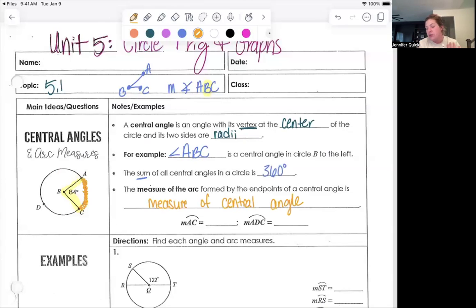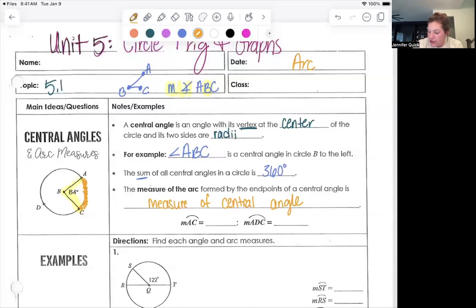Now I want to introduce you to arc notation. So up here in math 2, you guys did the measure of the angle. Well, an arc is marked by just a simple little half circle.